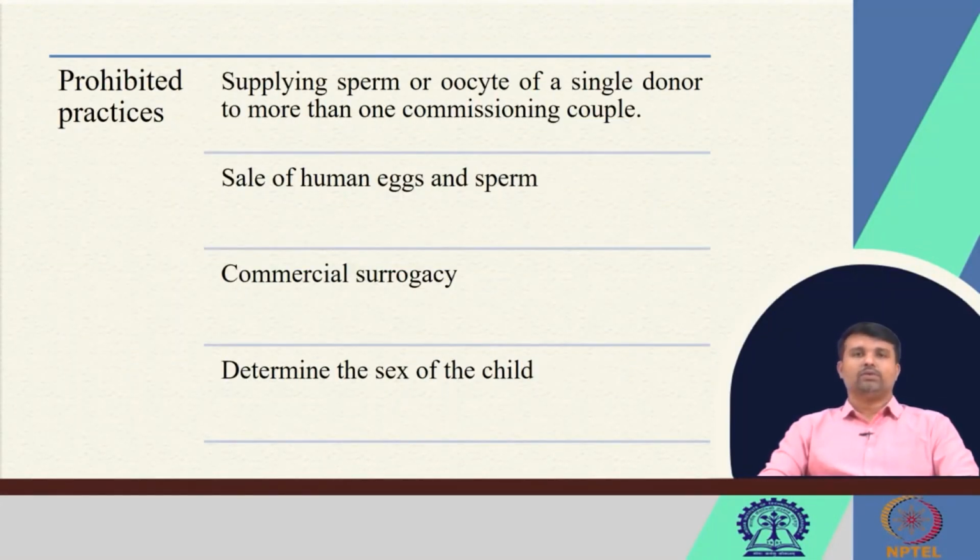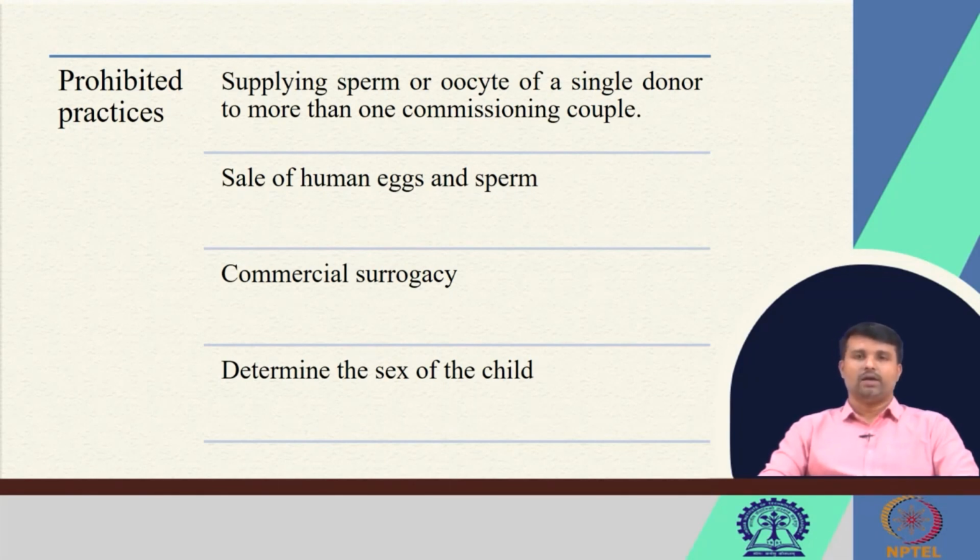The Act also specifies certain practices as prohibited practices. Supplying of sperm or oocyte by a single donor to more than one commissioning couple is prohibited under the Act. Similarly, the sale of human eggs and sperms is also a prohibited practice.